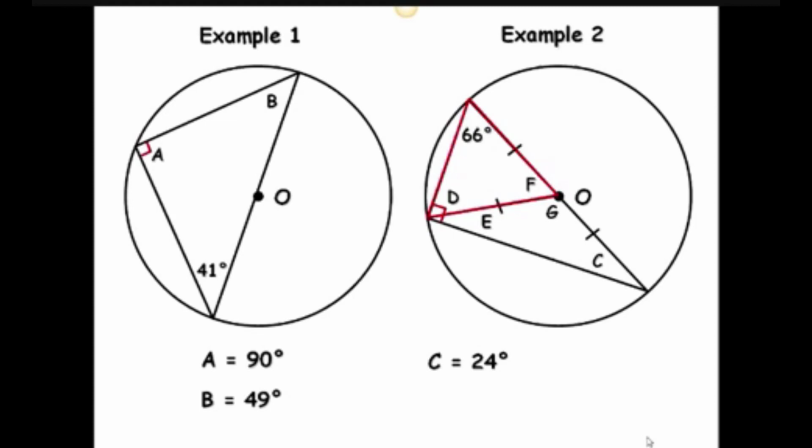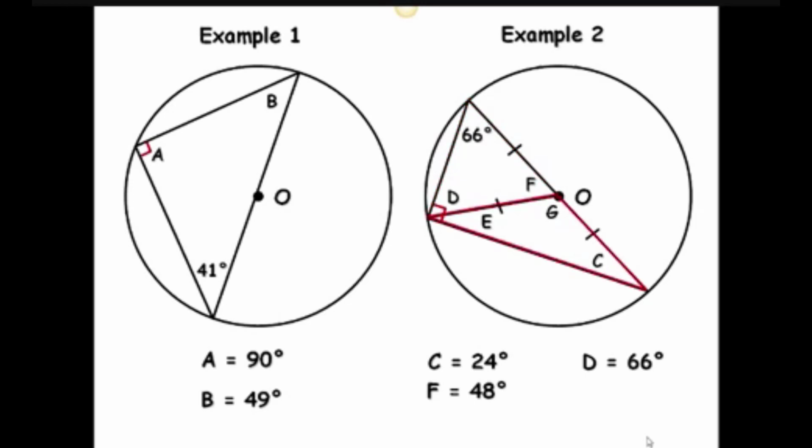And again, if you're asked to explain it, you need to state base angles of an isosceles triangle are equal, which means that D is 66. Okay, and of course F then must be 48 degrees because the three angles of a triangle have to add up to 180 degrees. So 66 and 66 is 132. Take that away from 180, you get 48.